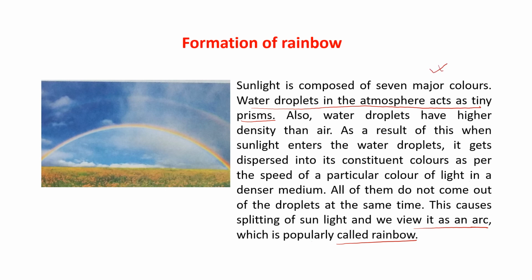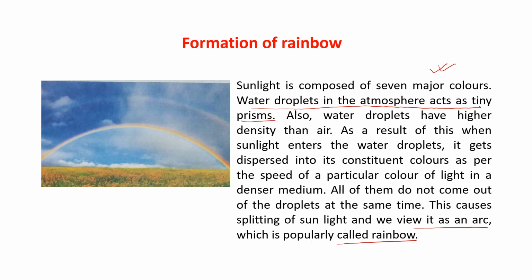Please read this and try to understand. Water droplets are present in the atmosphere. They act as tiny prisms and have higher density than air. So when the sun rays enter the water droplets, as they act as a prism, the light disperses into its constituent colors, with the speed of a particular color of light in a denser medium.